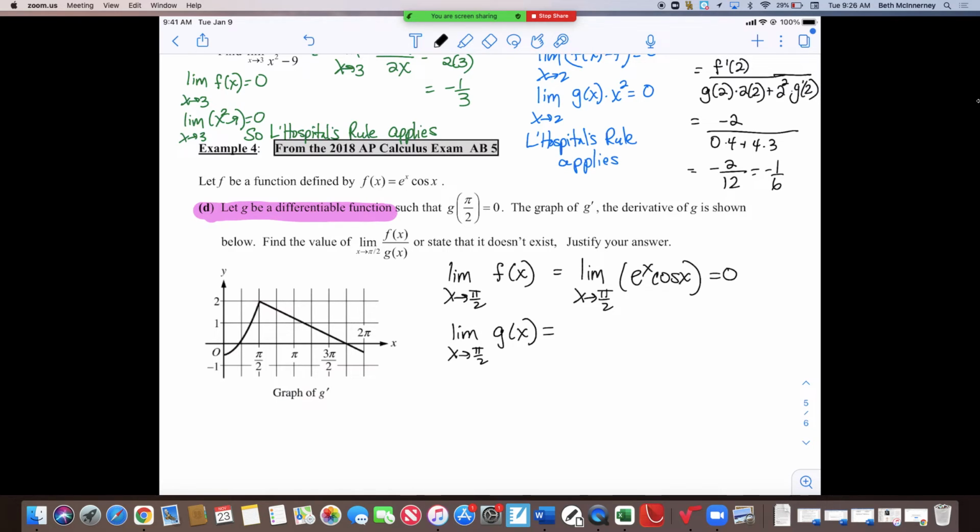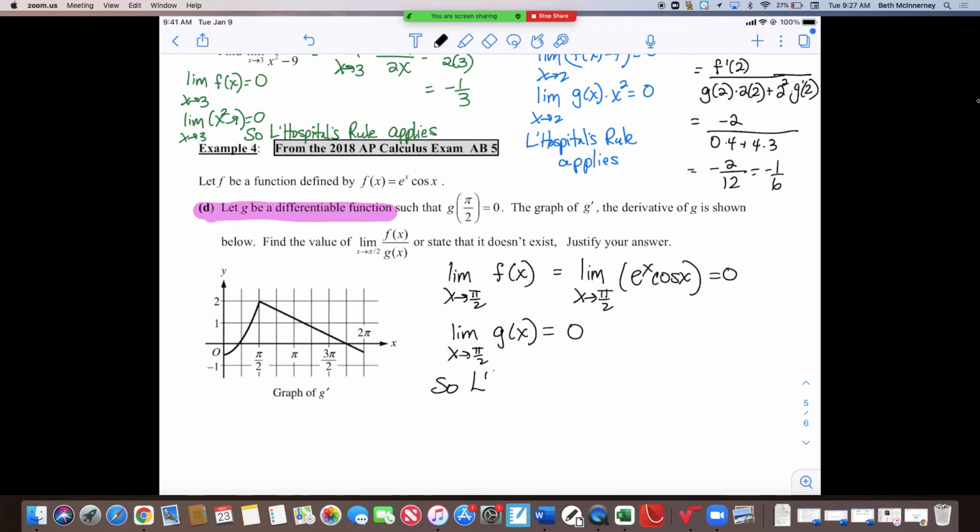It's 0. All right, so that's why I highlighted that. That is so important. You might just gloss over that, and we need to stop doing that. When g is differentiable, it means it's continuous. That also implies that the limits equal that defined value. Those are all things that we now know.